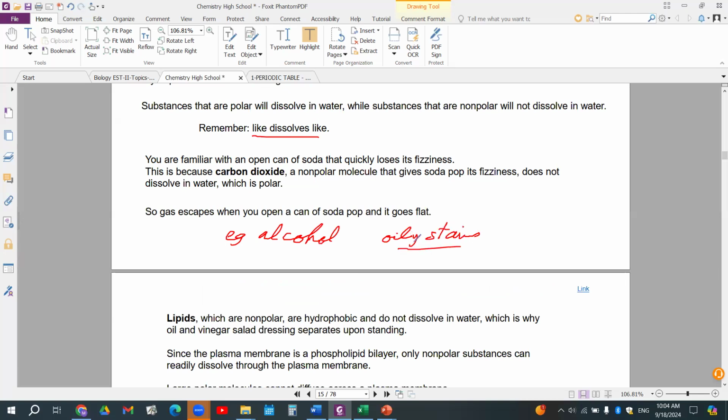When you have an oil stain on your shirt, you clean it with alcohol or gasoline. In a mechanic workshop, they wash their hands with gasoline, petroleum, alcohol.